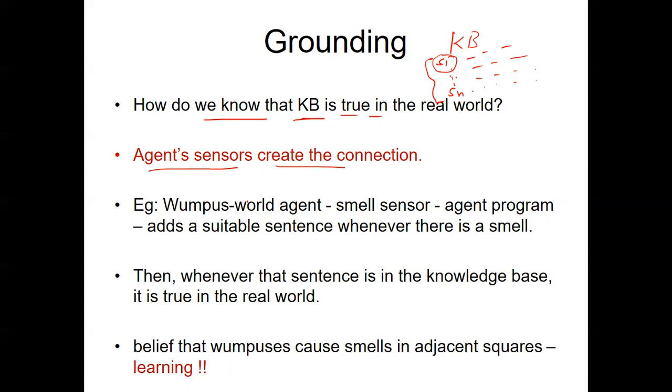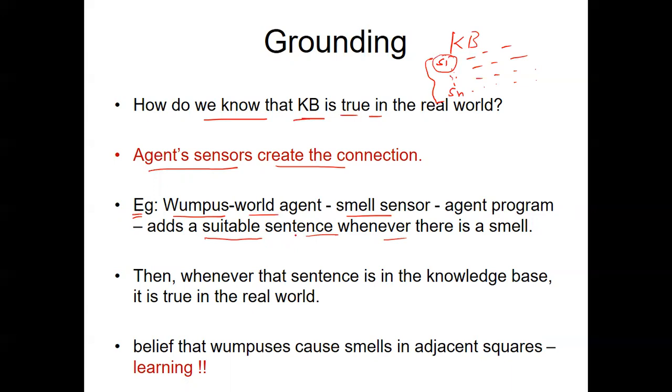For example, let us take the Wumpus world. The Wumpus world agent has a smell sensor. If it senses some smell, then it will add a suitable sentence into the knowledge base.